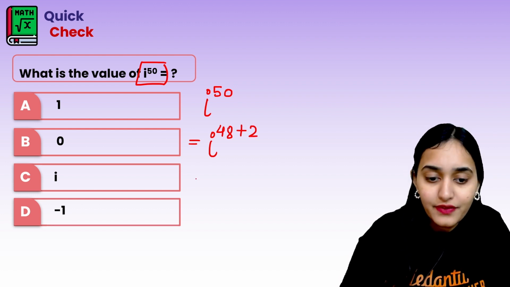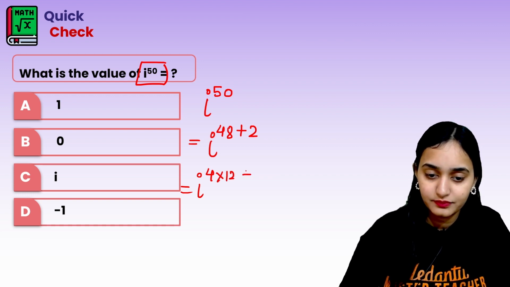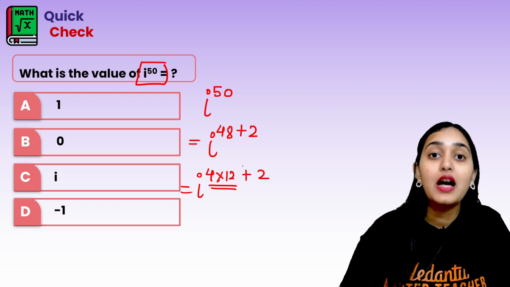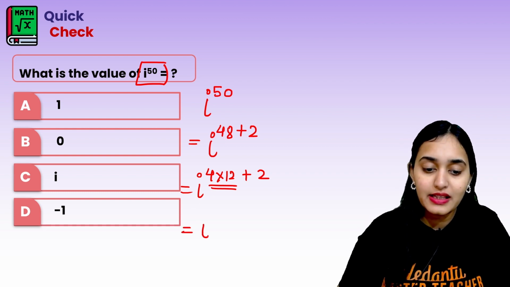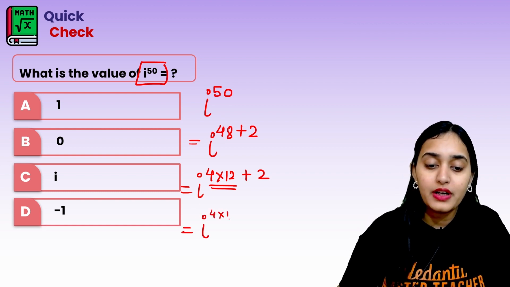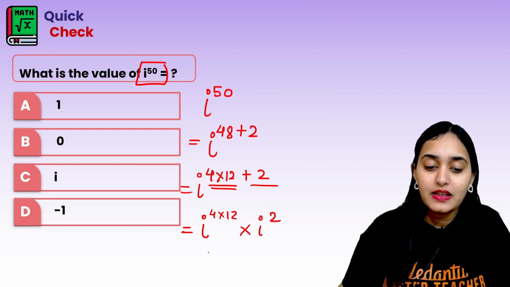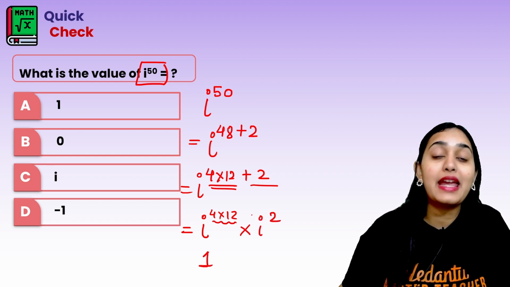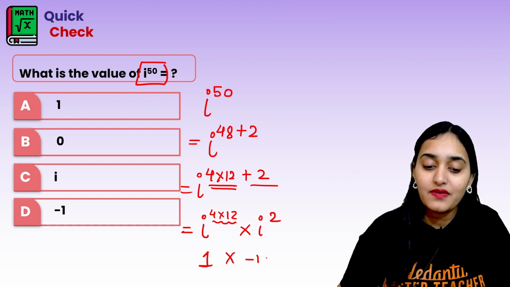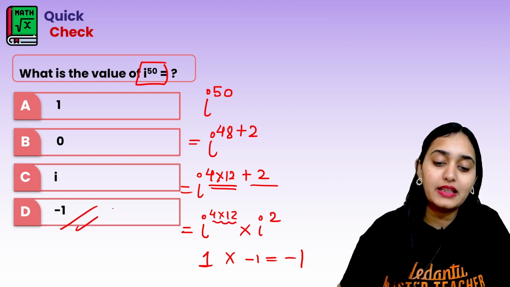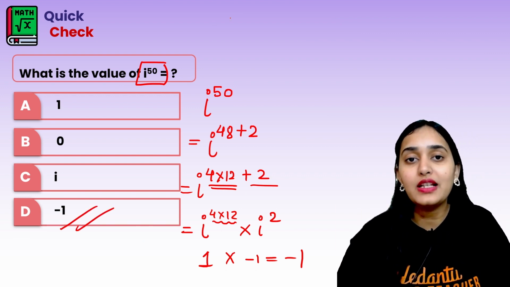Now, what is 48? 4 into 12. So this is a multiple of 4, it will become 1. So this is i to the power 4 into 12 into i to the power 2. Now, this is 1 because any multiple of 4 is 1. i square is minus 1, so the answer is minus 1. Like this you will get your answer. So only the remaining portion will give you the value.